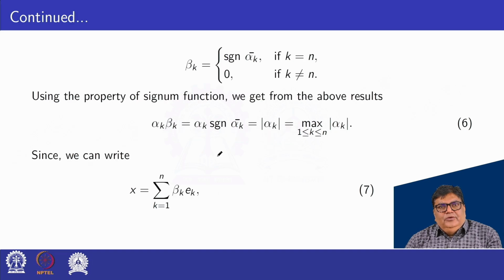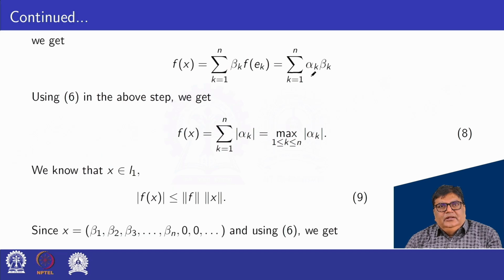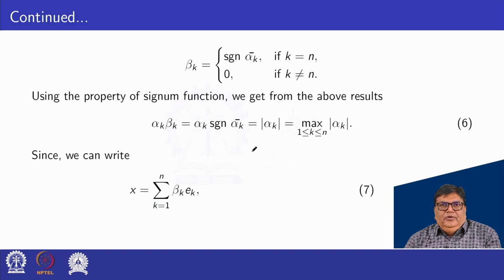So putting the value of alpha k, beta k in this equation, we have fx is equal to summation k is equal to 1 to n mod alpha k. Here we ignore all alpha k, only we take at k is equal to 1, that is maximum value.